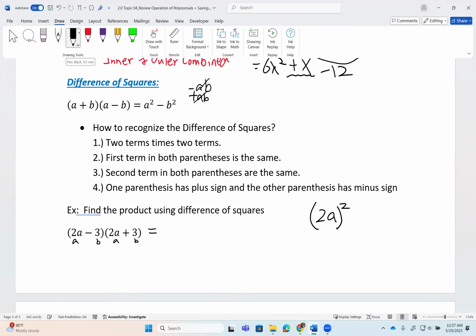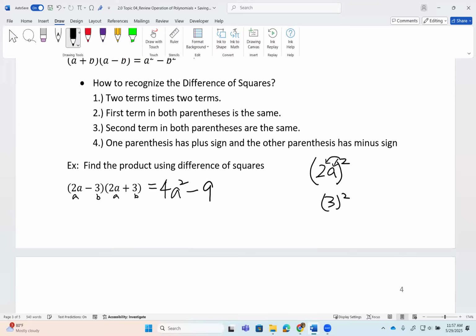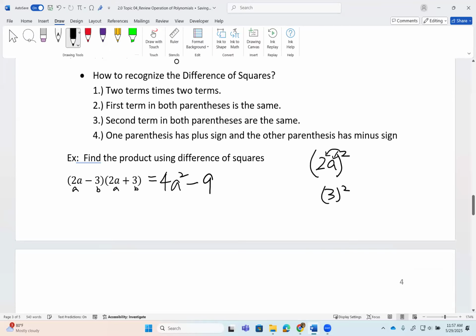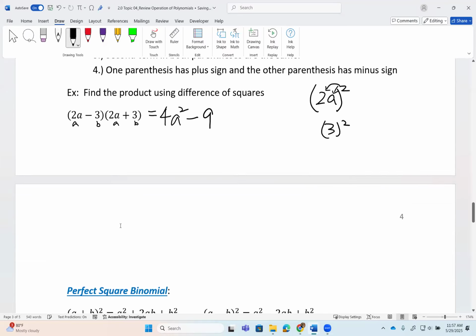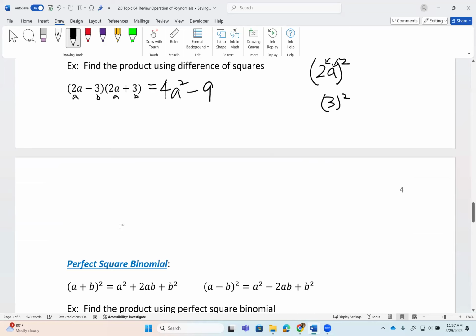You see that's like a power rule: 2 squared is 4, a squared is a squared. Remember, with the power rule, the exponent on the outside distributes the power onto all the factors inside. Minus, my b is 3. 3 whole thing squared is 9. There you go. So the answer is 4a squared minus 9. That's all it is. We'll do a lot of difference of squares in this class.